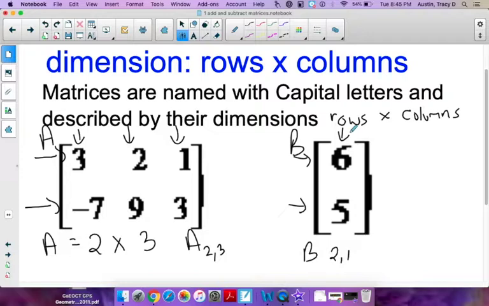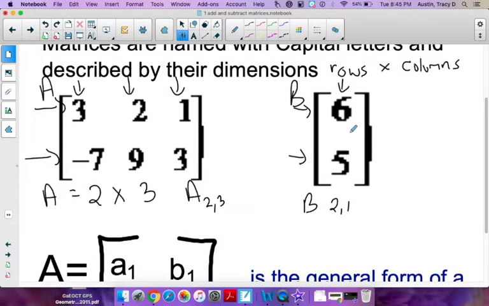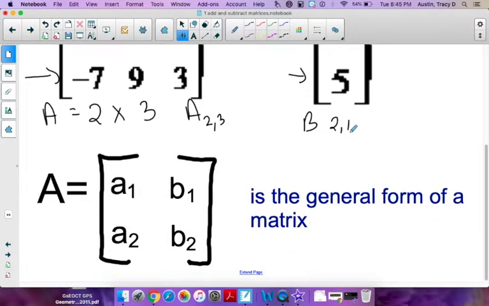Okay, something else I want to make sure you get in your notes, very, very important. We have a general form of a matrix, because basically what happens is that we fill in by letters going across and by numbers going down. So in the general form, if I were to add another vertical column here, it would be C1 and C2.